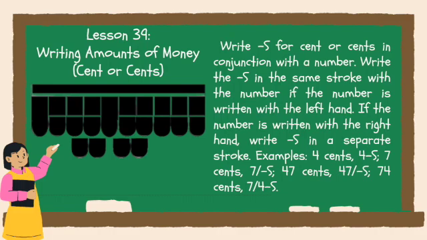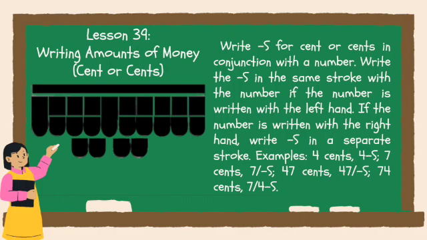We have 4 cents. So 4, what finger are we going to use? Left index finger, right? So you are using your left hand. With that, you can write it with cents simultaneously. So 4 and then final S, in one stroke only.